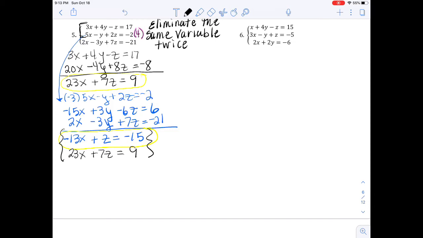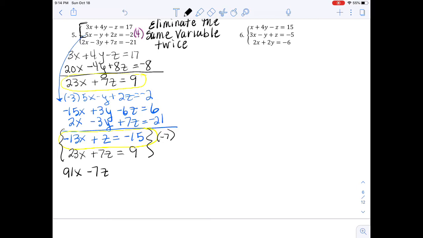What should I do to eliminate one of the variables? Well, if I manipulate this equation by negative 7 and add it to the below, it will eliminate the z. So negative 13 times negative 7 is 91x minus 7z.